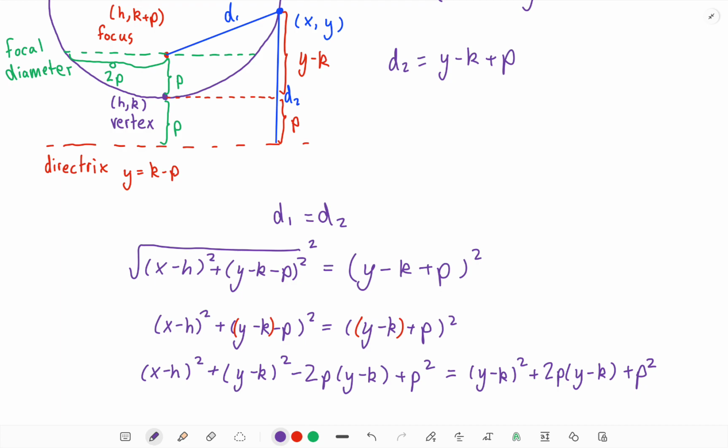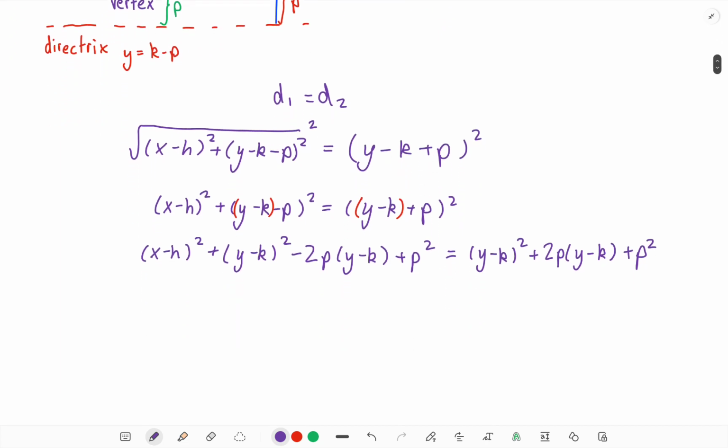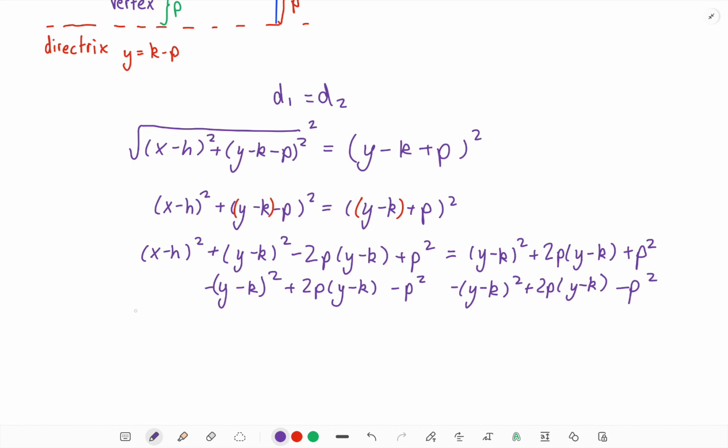Now I'm going to get all the y's on the same side. So I can subtract y minus k squared from both sides. Can subtract p squared from both sides. And then I can add 2p times y minus k to both sides. So the y minus k squareds cancel out.